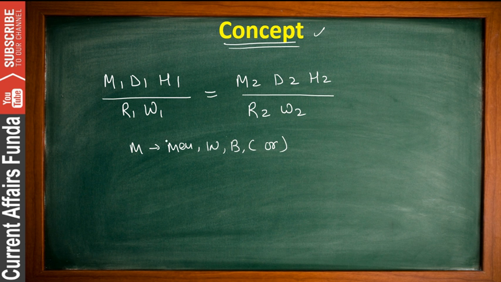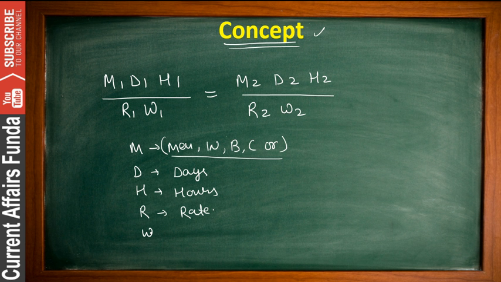D stands for days, H stands for hours, R stands for rate, and W stands for work or job. Suppose a person is doing 18 jobs in a day, or 12 works in 8 hours, that is all about the work.